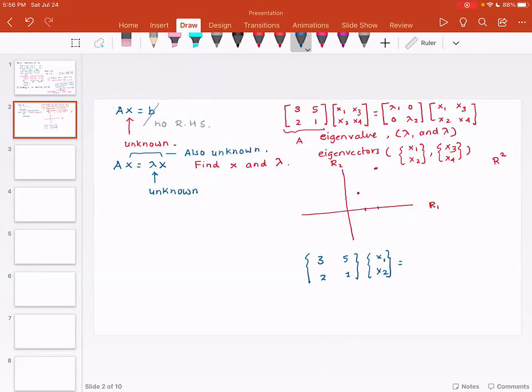So this equation is going to become lambda 1 x1, lambda 2 x2. So this is nothing but a scaling factor.